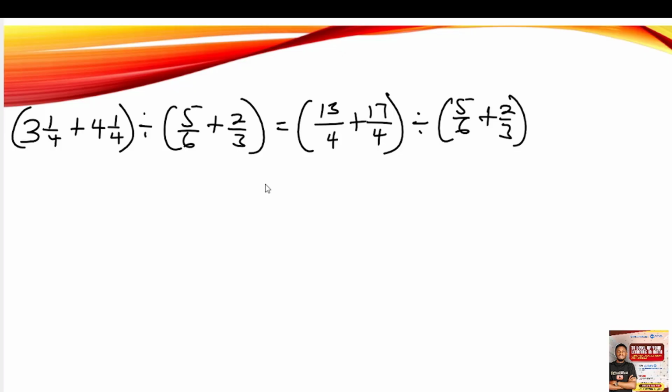Okay, so the next thing to do: here we are dealing with addition, and here too we are dealing with an addition. So the next thing to do is to find the LCM of the denominators of these two fractions as well as this one. The LCM of 4 and 4 is 4, and the LCM of 6 and 3 is 18.